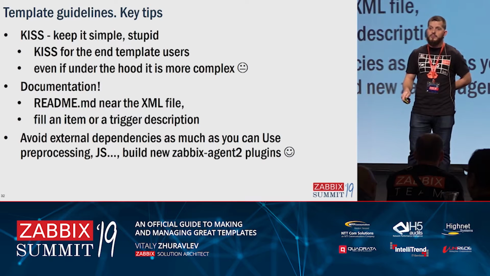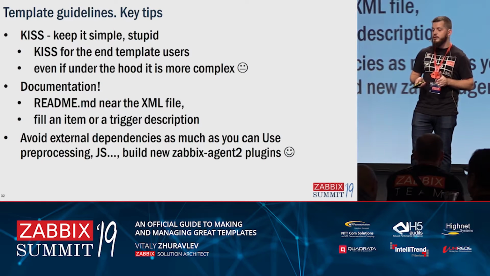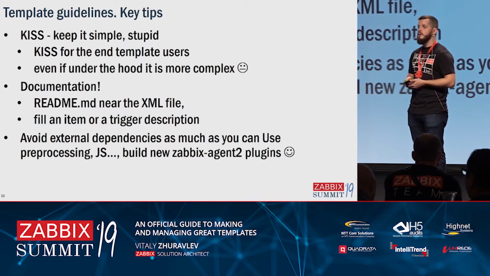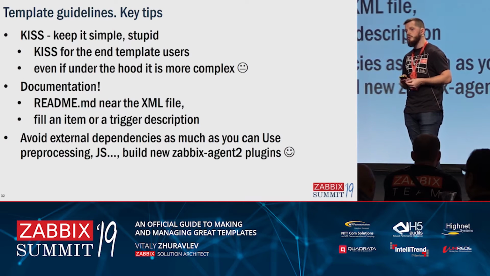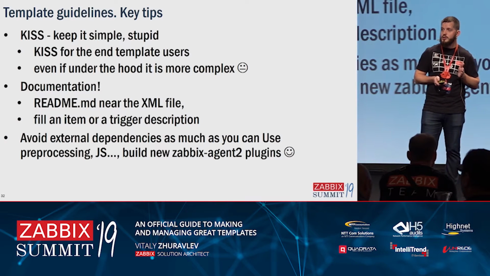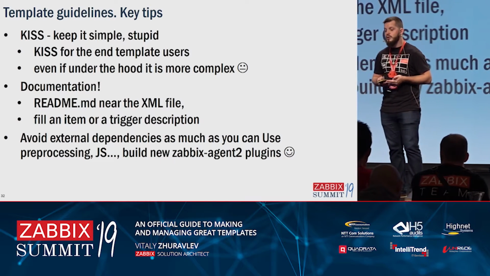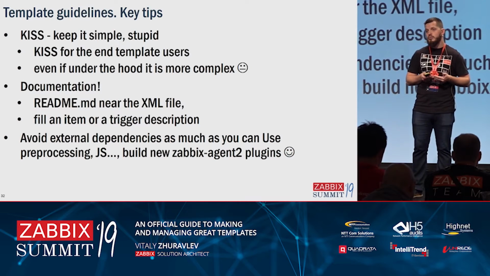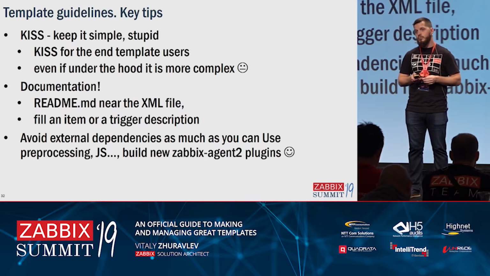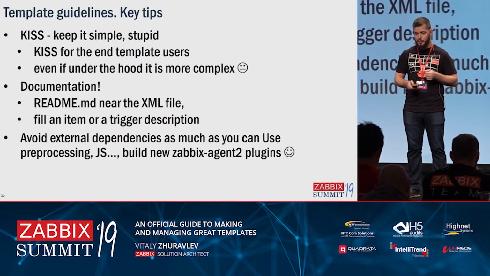And as I said before, avoid external dependencies in your templates. Try to do it without them, because now we have pre-processing such as JSON path or JavaScript, and of course new plugins of Zabbix Agent 2 can be used to not rely on scripts anymore.